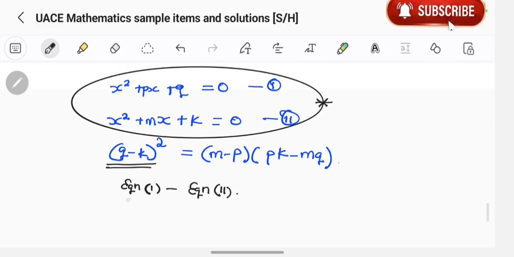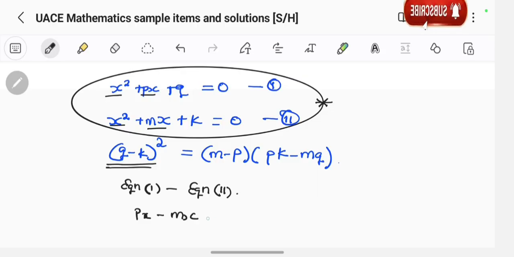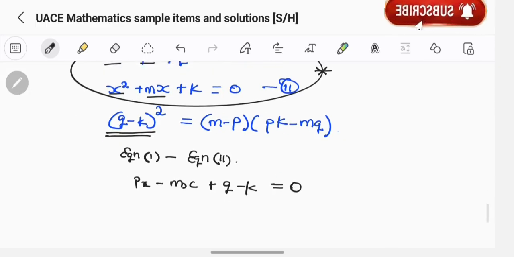So when I subtract this minus this, it's a 0. I'm going to remain with px minus mx plus q minus k. And this is going to be 0 minus 0. You get a 0 there.